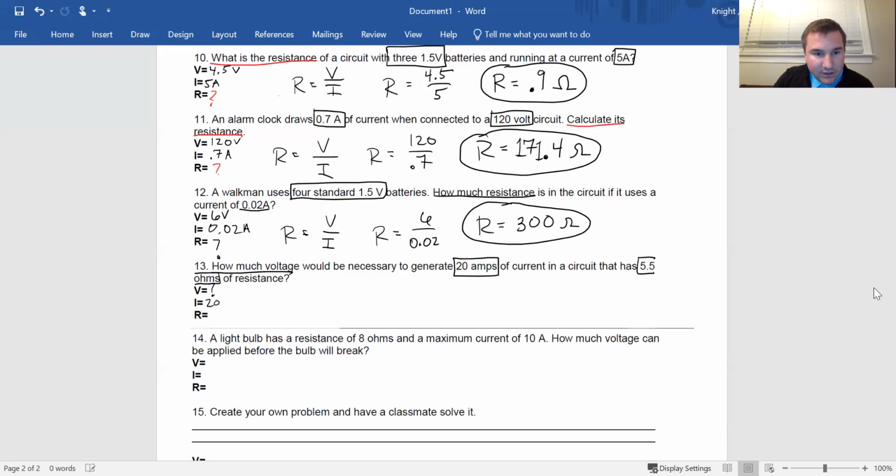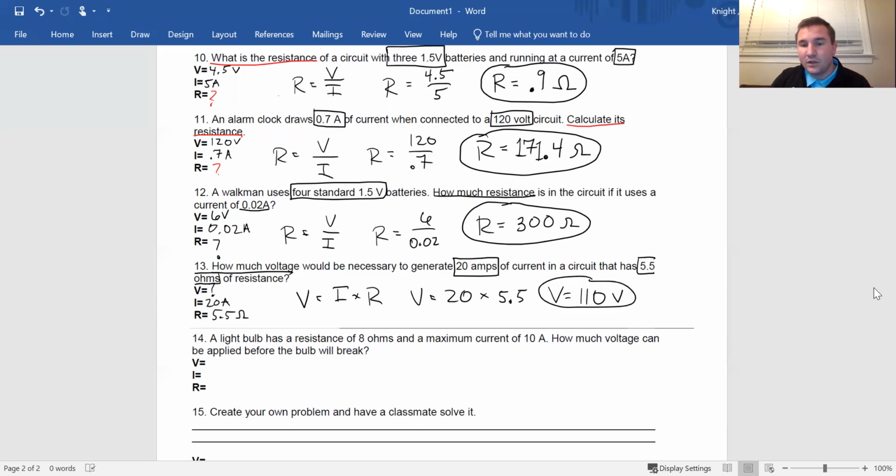That's 20 A, 5.5 ohms. And we should know voltage is equal to current times resistance. So voltage equals 20 times 5.5. And 20 times 5.5 is going to be 110 volts. Quick math.